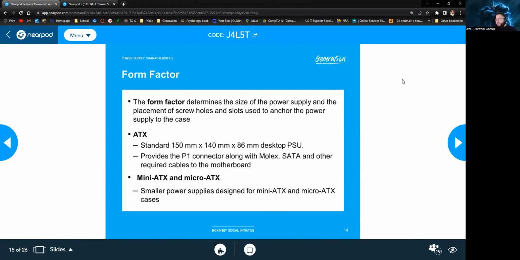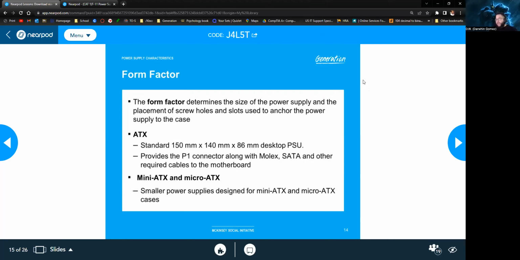All right, so now we get to talk about form factor. Power supplies come in different form factors, and like we've learned with motherboards, form factor describes the size or shape of a component. Standard ATX is 150 millimeters by 140 millimeters by a depth of 86 millimeters, and that's for a desktop power supply unit.